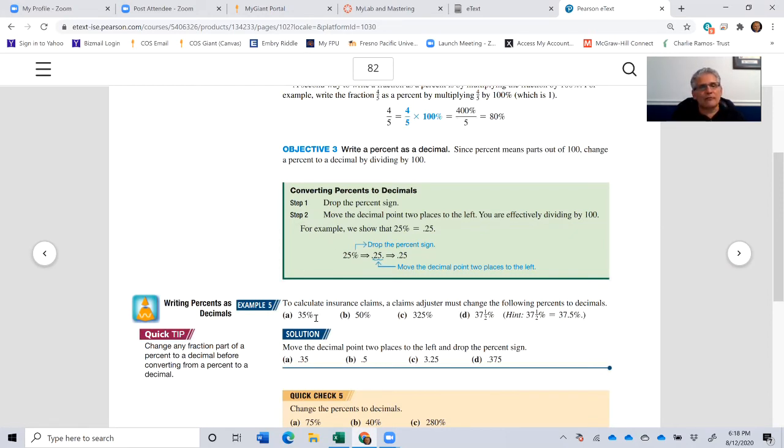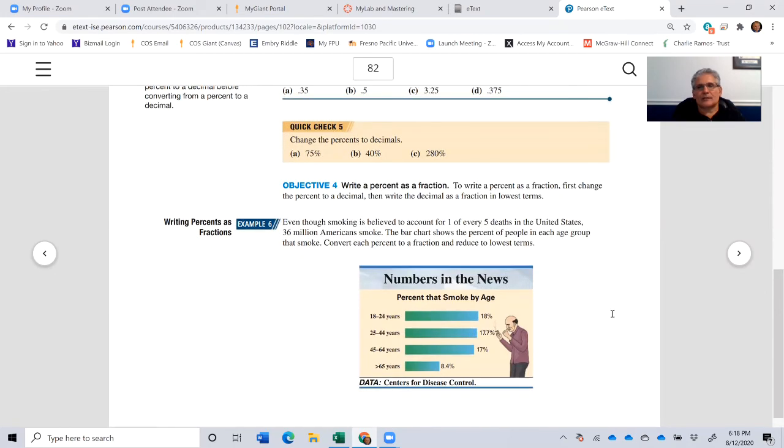So 35%, we'll move the decimal over twice, and that results in 0.35. 50%, moving the decimal point twice, 0.5. I think you got the gist of it. You can look through the examples there.